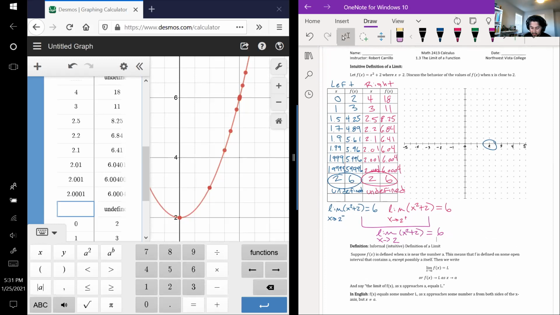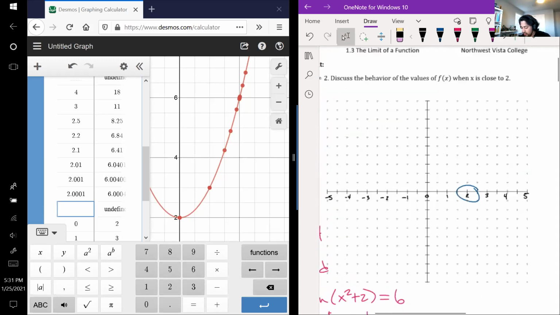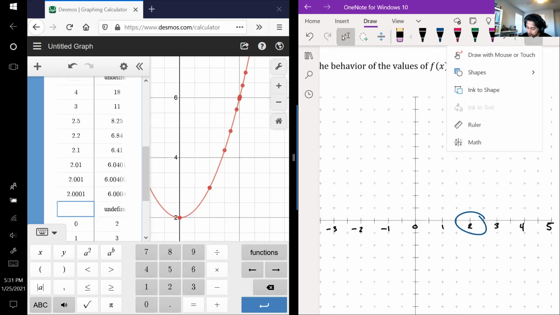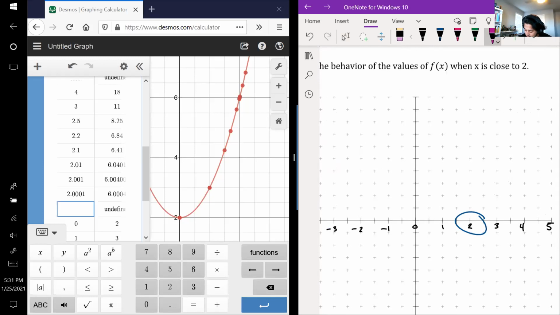I guess I should draw this graph. So one moment. I'll just do a sketch. So we come down. We're at 2. So we look like this. And then here, you'll have an open circle and take off. 1, 2, 3, 4, 5, 6. Hey, I got it right on the money.